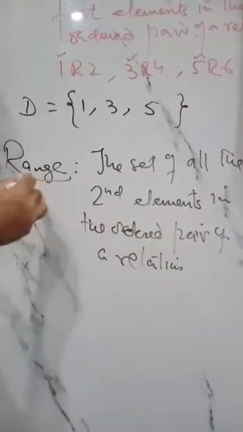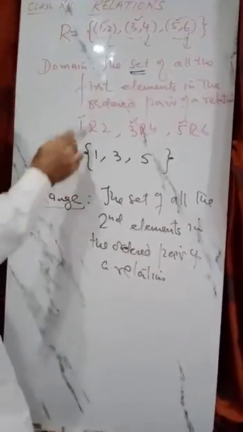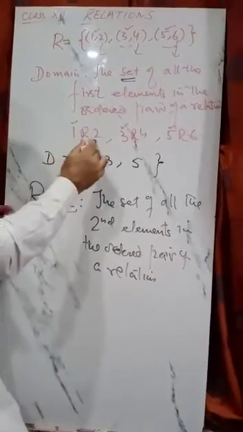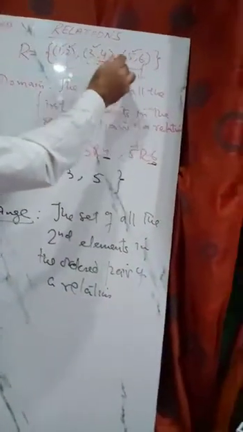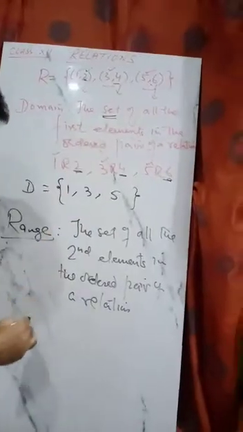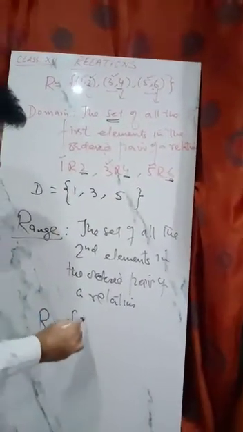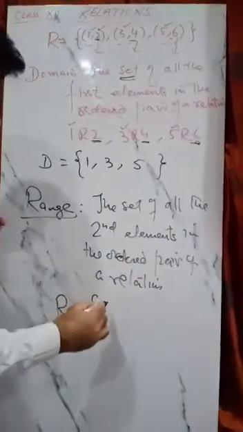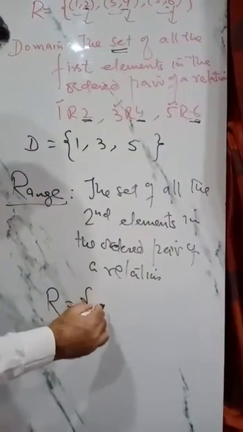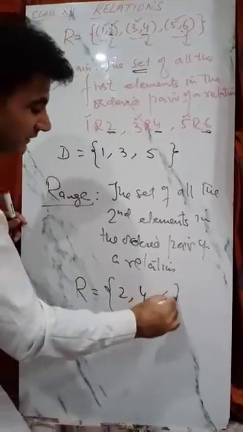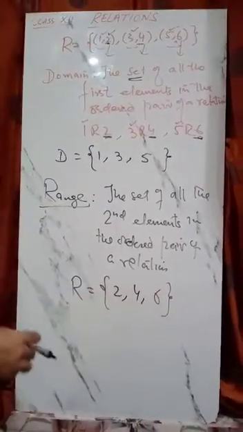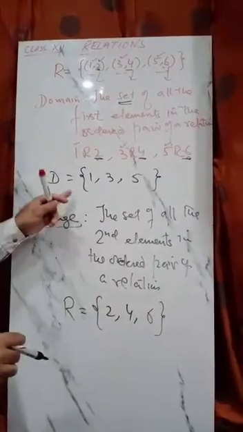That is, range is nothing but the second ones. First ones are the domain and the second ones are 2, 4 and 6. This is the range, so range is equal to {2, 4, 6}. The set should be in curly braces and the elements should be separated by commas. So this is the range and this is the domain.